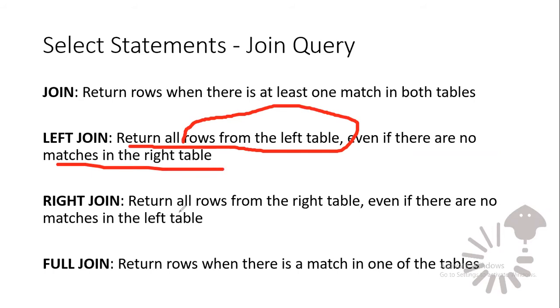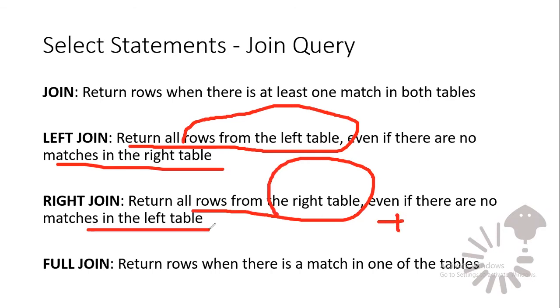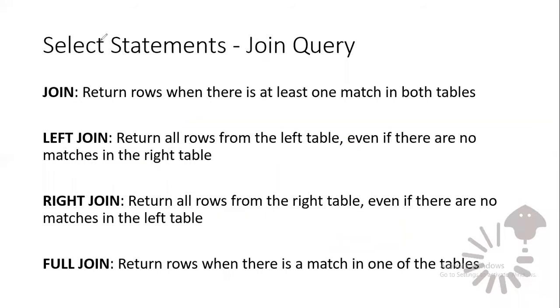Right join, lahat ng nasa right table plus yung magmamatch dun sa left table, dun sa kabilang table. So if you are using join query, play with what type of join yung kailangan mo for your output. Pwedeng full, pwedeng partial, left, pwedeng right.